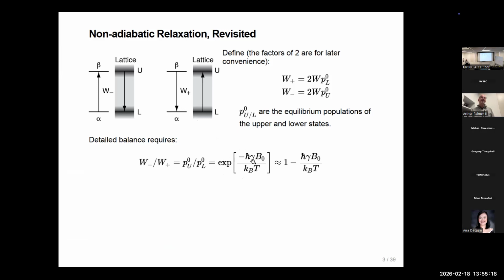So that's the Boltzmann ratio of populations in the lattice. And that is approximately, by first order expansion, h bar gamma B naught over kBT. Okay? So the W is a constant. It's a constant that we don't know yet.